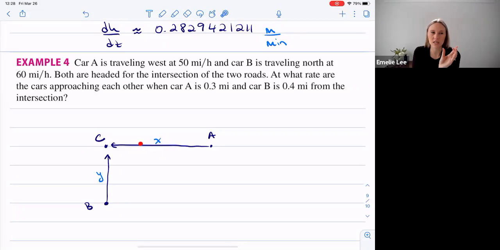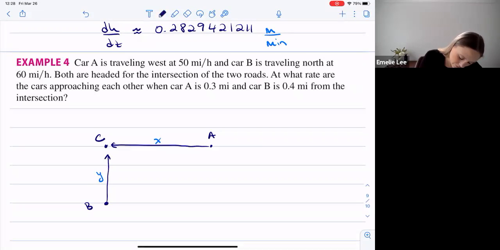So A and B are both heading towards C, which means that X is going to be decreasing, right? So this rate is actually going to be negative, because X is decreasing, but also Y is decreasing, because B is also moving closer to C, which is making Y smaller.